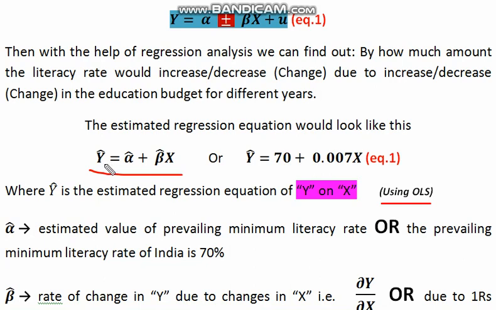Now y cap indicates your estimated value of the dependent variable. Alpha cap indicates your estimated value of the intercept term, and beta cap means your estimated value of the parameter or the slope. So suppose we get the estimated equation y cap is equal to 70 plus 0.007x, and then we interpret it accordingly.